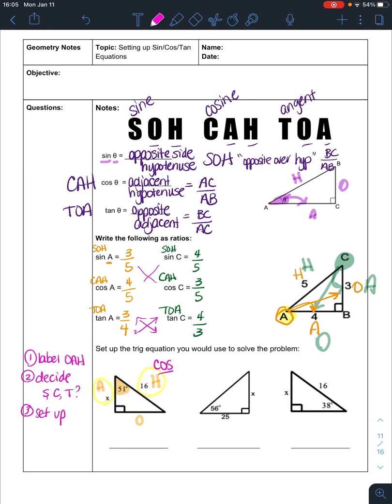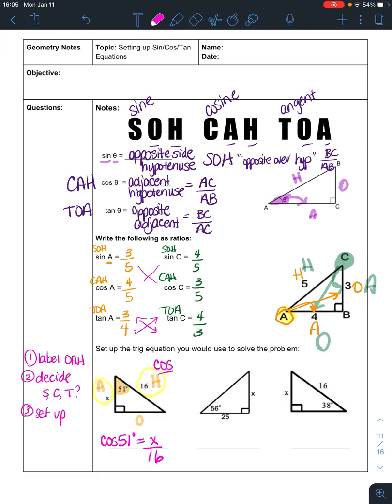So I know that I need to use cosine. So here's what we do. We say the cosine of the angle, which was 51 degrees, equals the adjacent side, which is X, over the hypotenuse, which was 16. Just like that. The cosine of the angle equals the side over the side.